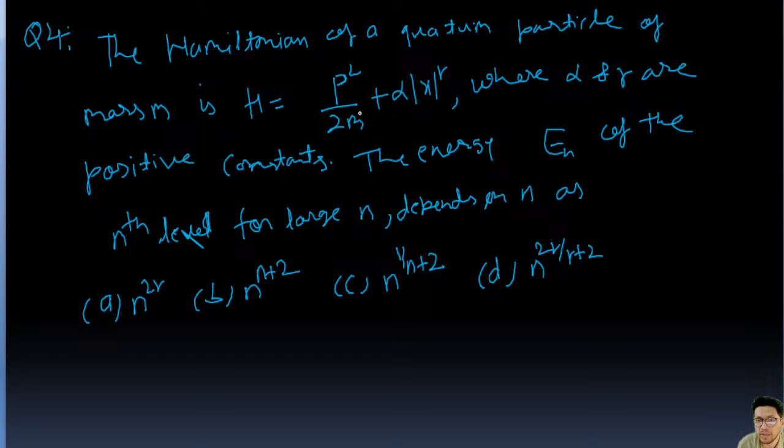So here you can see that the Hamiltonian is given. H is given, H equal to p square upon 2m plus alpha mod x to the power r.